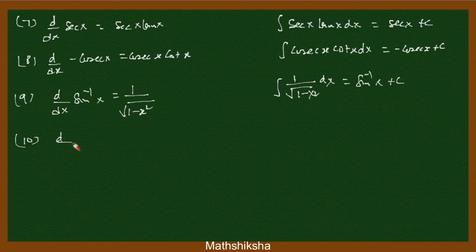d by dx of cos inverse x is minus 1 upon root 1 minus x square.